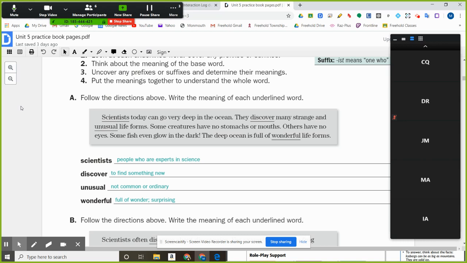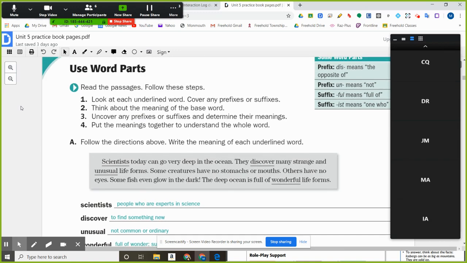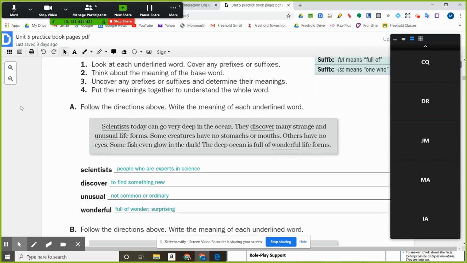Something that happens often. Does it have a prefix or a suffix? Good. What's the prefix? Un. Perfect. So un just means not, right? I know we talked about this with the last unit, that some of these little words have their own meaning. So unusual, as you can see, means not common or ordinary. Okay? Good, Christian. Good job.